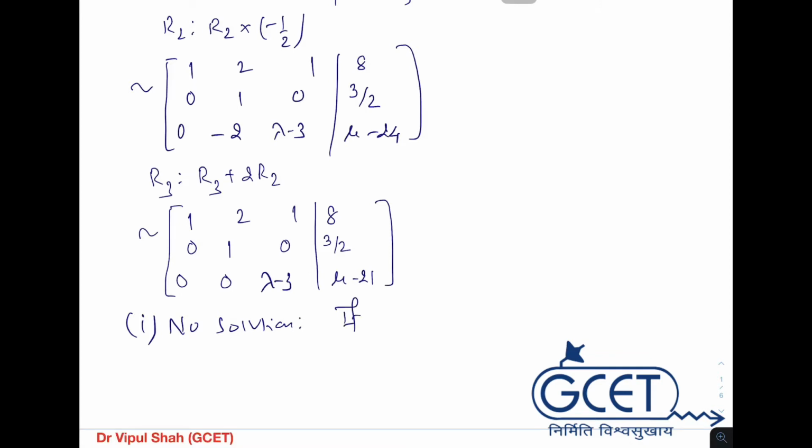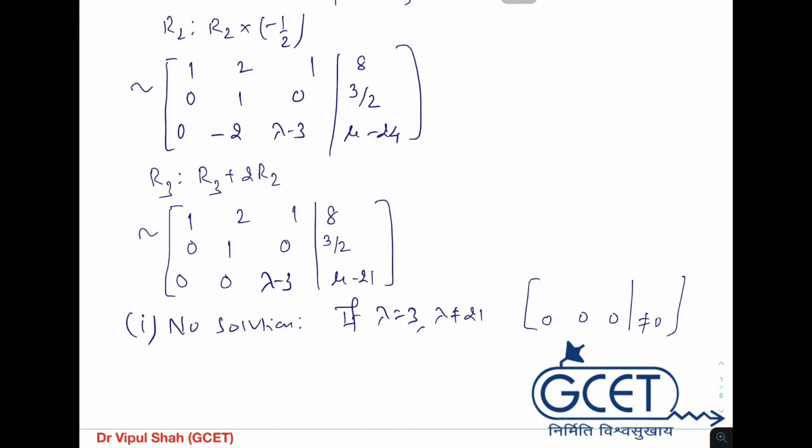Okay. So if we take, say, lambda equal to 3, this will become a 0. Then, and this mu is not 21, mu not 21, then this will be non-zero. So the last row will be like this: 0, 0, 0 and non-zero.